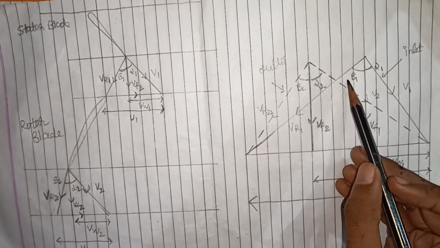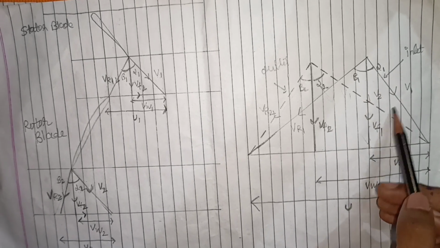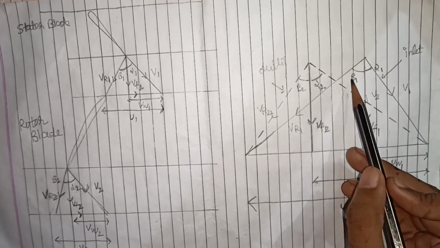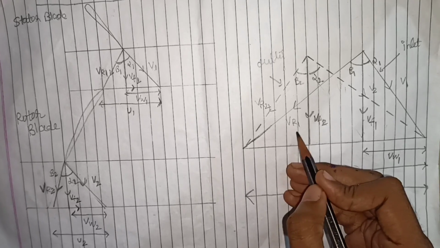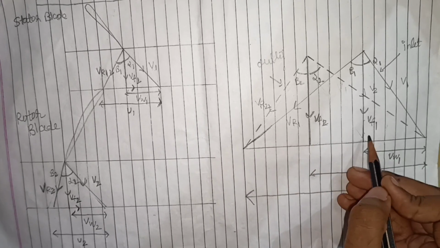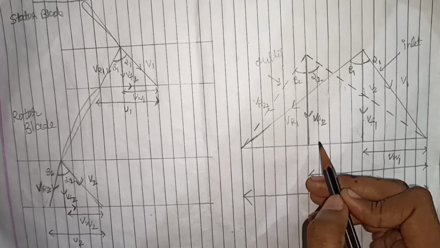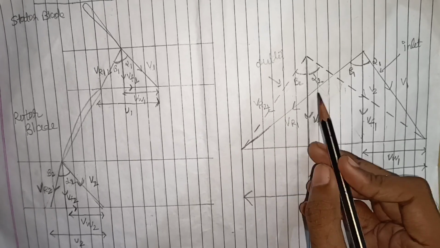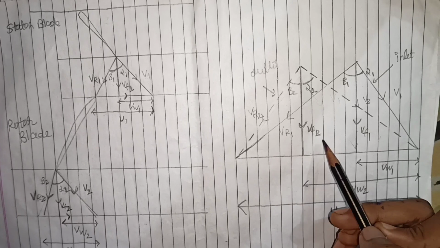Now the angle alpha 1 is made between the absolute velocity and the flow component as we discussed earlier, and beta 1 is the angle between vr1 and the flow component. As we said, vf1 is equal to vf2, so now I am drawing the outlet velocity triangle, with vf2 having the same measurement, that is vf1 equal to vf2.